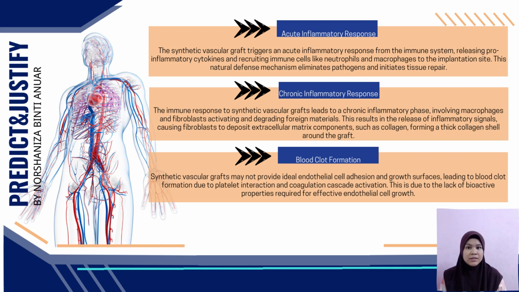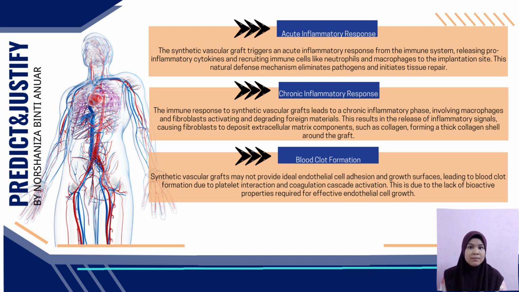The chronic inflammatory response involves the activation of macrophages and fibroblasts which struggle to fully degrade the polymer material. This leads to the release of inflammatory signals, causing the formation of a thick collagen shell around the graft.